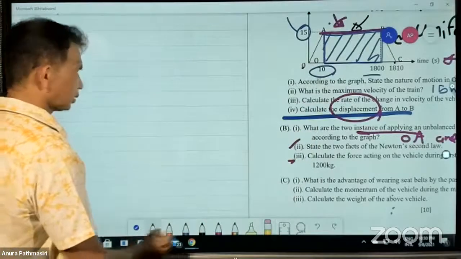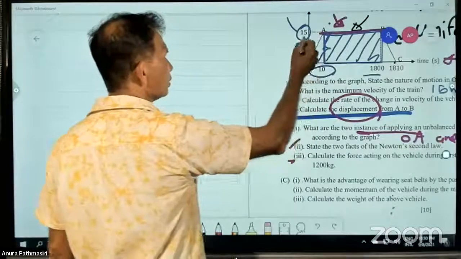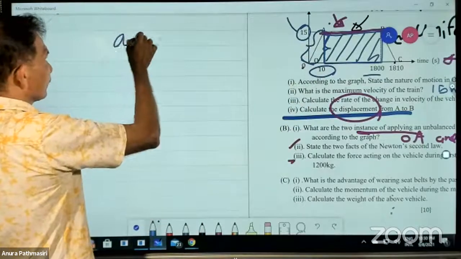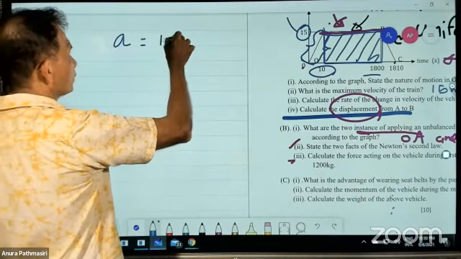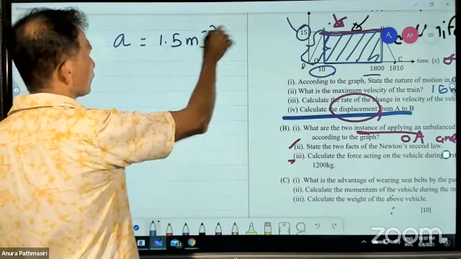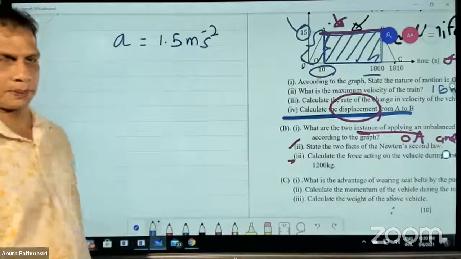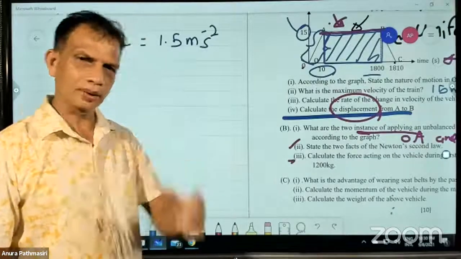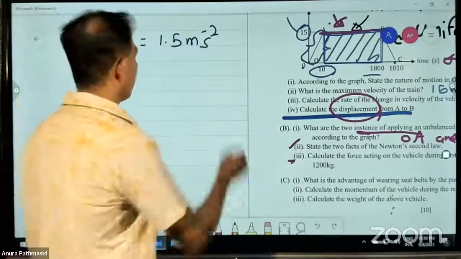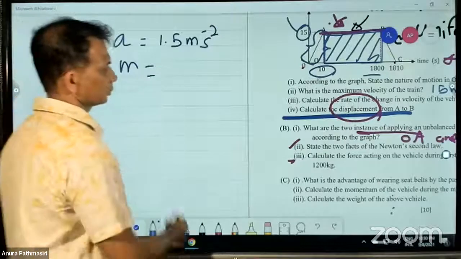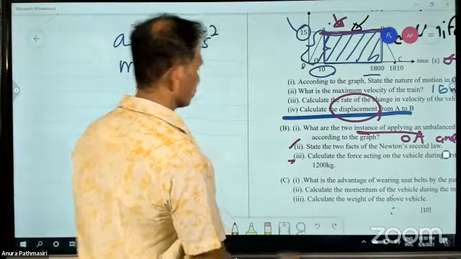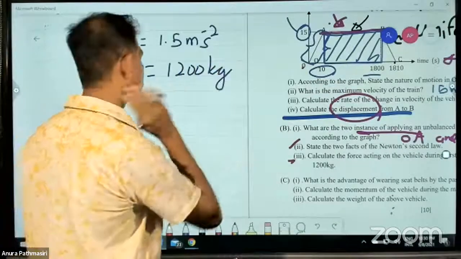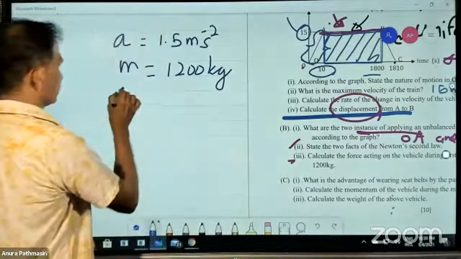What is the acceleration we find in this instant? 1.5 meters per second squared. So that is the acceleration, and the mass is given, 1,200 kilograms. So the unbalanced force is asked.